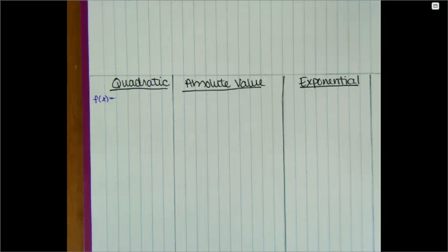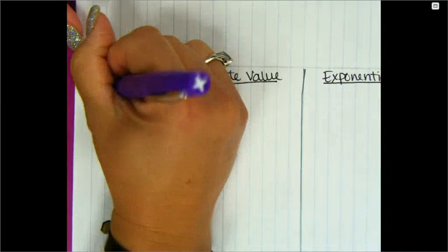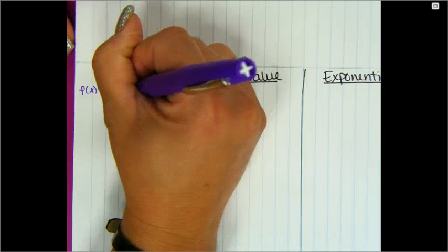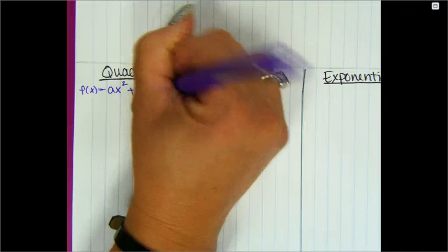What are they? How about 3? What are they? Standard, intercept, and vertex. So what's the first one? Standard is what? F of x equals what? Ax squared plus bx plus c.